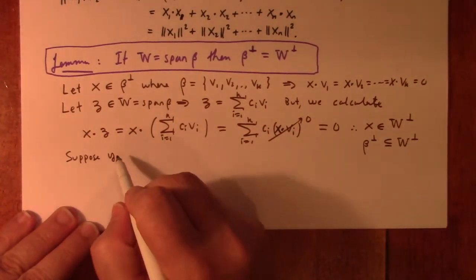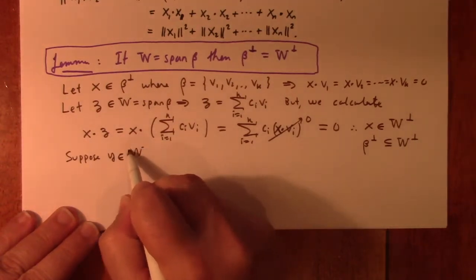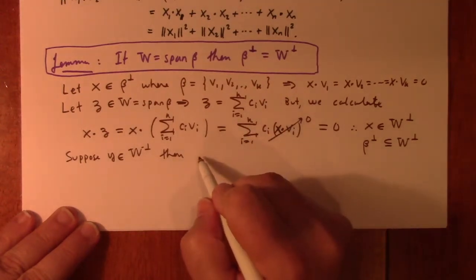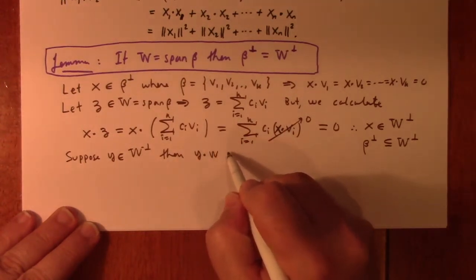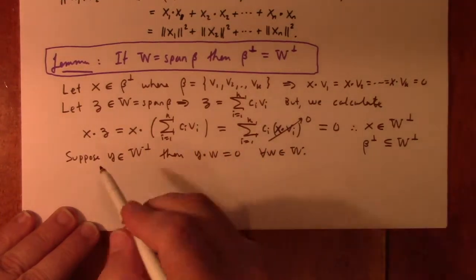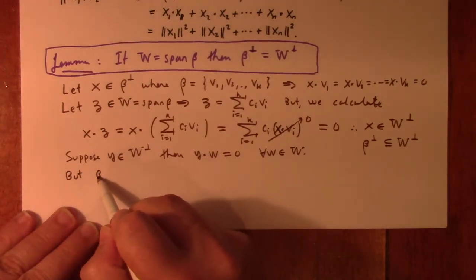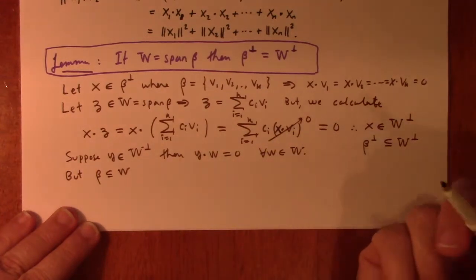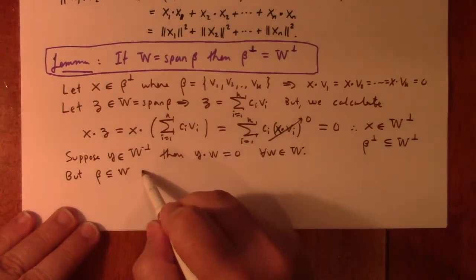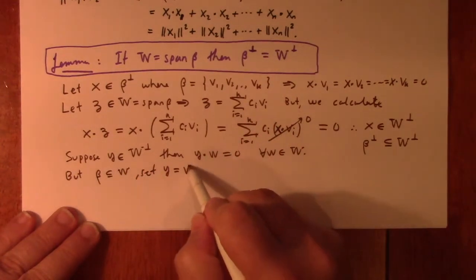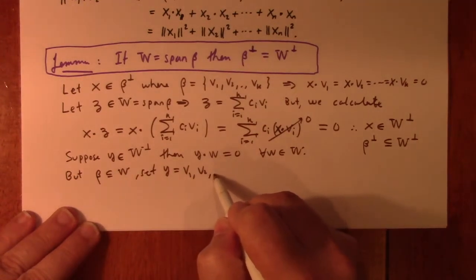So the converse direction, suppose y is an element of w perp, right? Then what's that mean? That means that y dot w is equal to 0 for all w in W. Okay, so then it's immediate, but beta, of course, is a subset of w, and so we can just choose, so just set y equal to v1, and then set it equal to v2, and so forth, all the way down to vk.